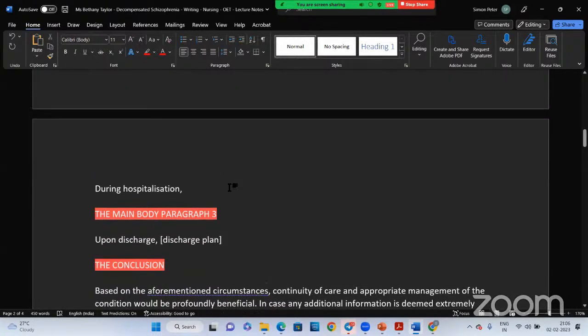And during the hospitalization, how the condition was managed, the management, how it was done, the progress. So what action, progress.